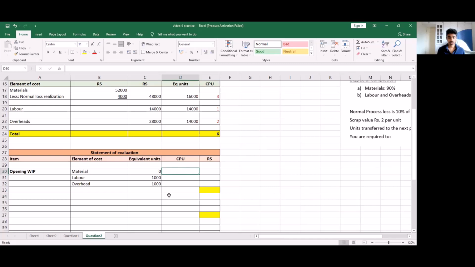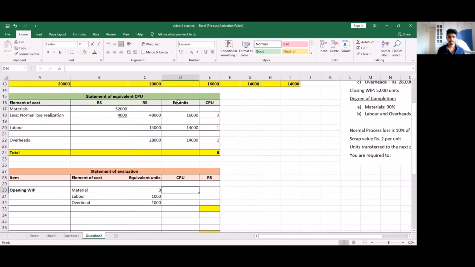Next, cost per unit we have from our statement of equivalent cost per unit, which is 3 rupees for materials, 1 rupee for labor, and 2 rupees for overheads. To find the total cost for materials, we will multiply the units with cost per unit. So 0 into 3 is going to give us 0.